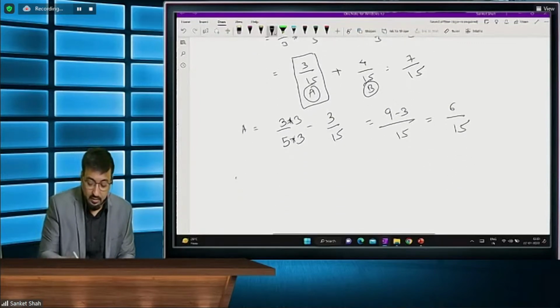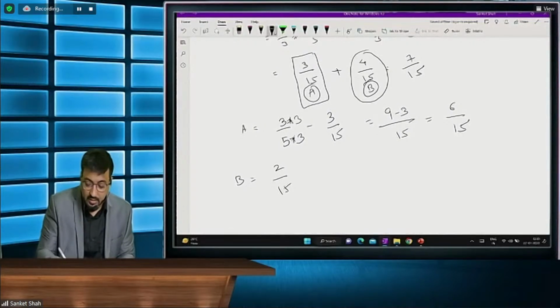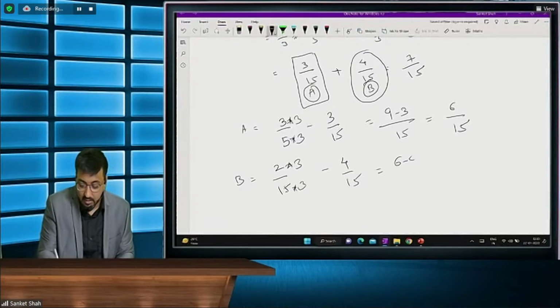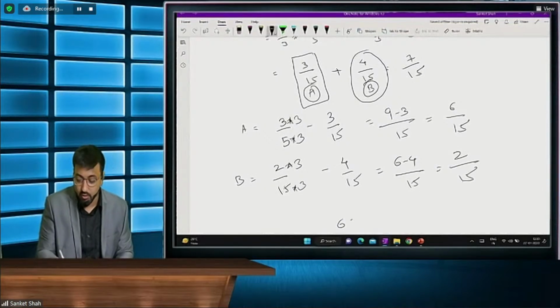And B's chocolates were 6/15, he has given 4/15. 6 minus 4, so 2/15. So new ratio 6:2:7.